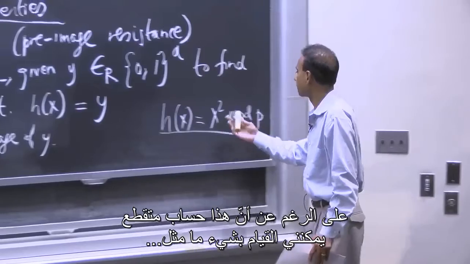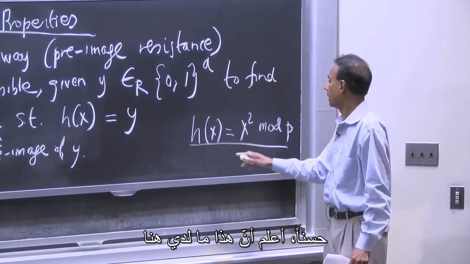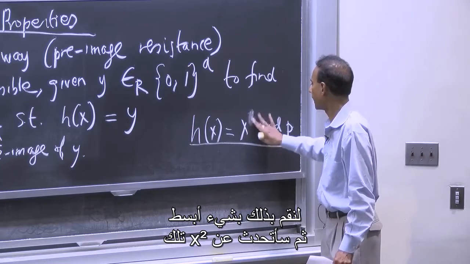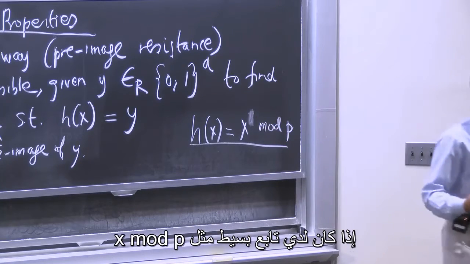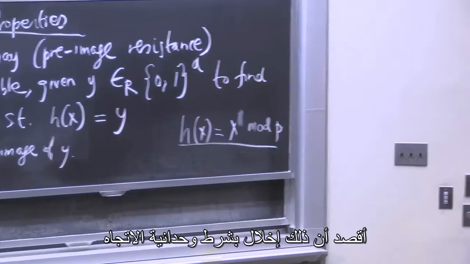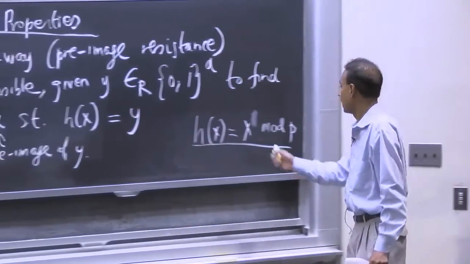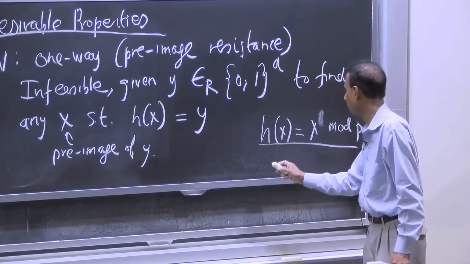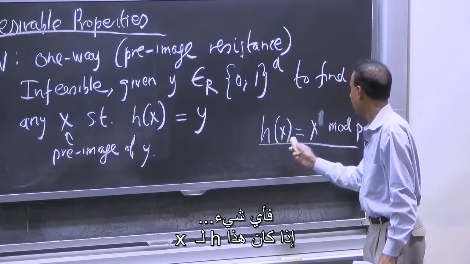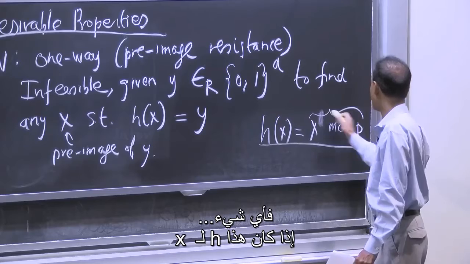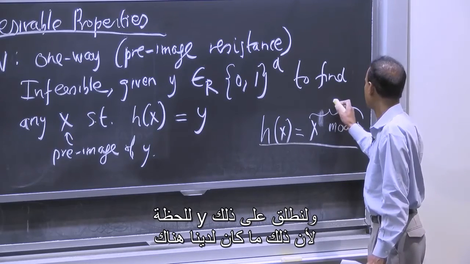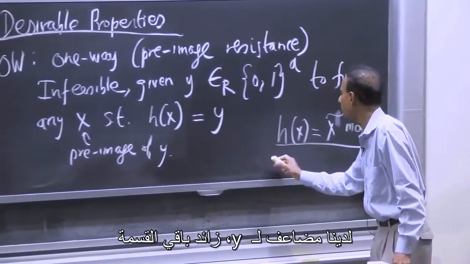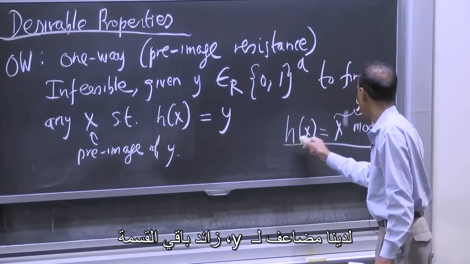Actually, let's do something simpler, and then I'll talk about the x squared. If I had something as simple as x mod p, that's trivially broken in terms of one-wayness, because I know that h of x could be viewed as the remainder. So if this is h of x, and let's just call that y for a second, it's something that's a multiple of y plus the remainder.